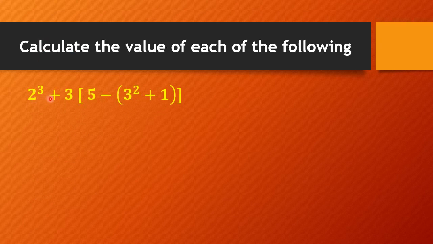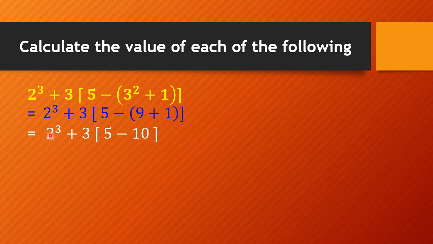2 power 3 plus 3 times the bracket of 5 minus the bracket of 3 power 2 plus 1. We will perform the operations inside the brackets first. 3 power 2 is 9, plus 1. So we will perform the operation inside this bracket. 9 plus 1 equals 10.